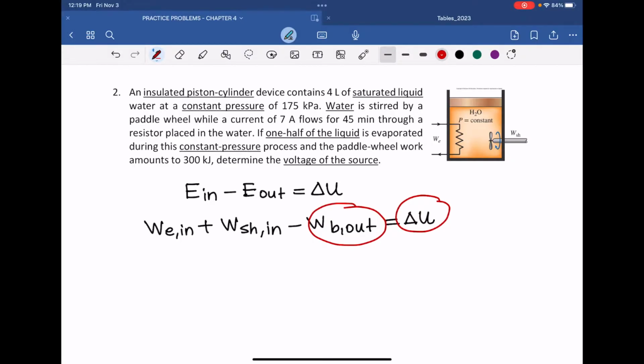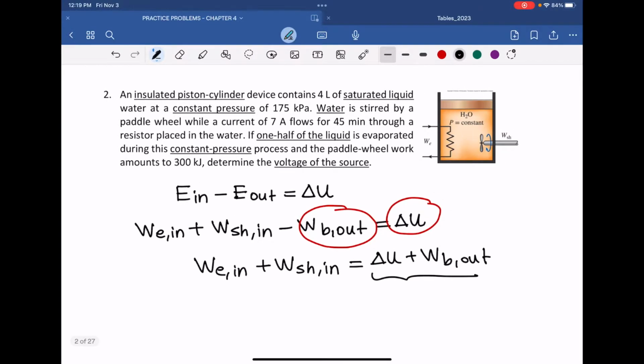We can do that since it is a constant pressure process. So this simplifies our energy balance to electric work plus shaft work is equal to delta U plus boundary work, which becomes enthalpy change.